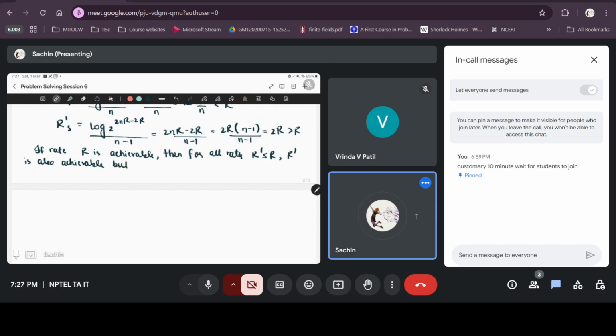But for some R double dash greater than R, R double dash may not be achievable. We don't know. We can't give any guarantees. It might be achievable if capacity is greater than R and R double dash is between R and the capacity.